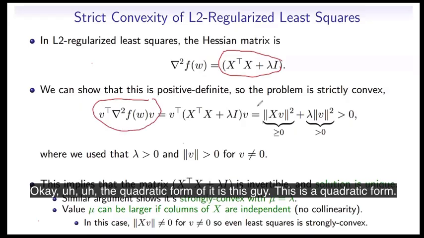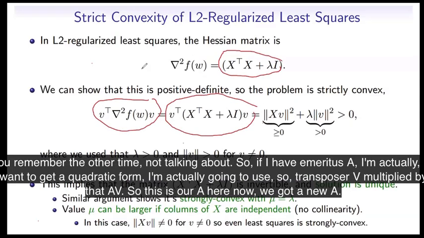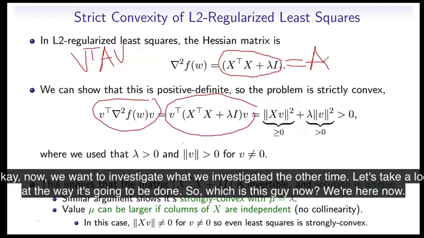This is a quadratic form. You remember the other time when I was talking about if I have a matrix A, to get a quadratic form, I'm going to use the transpose of v multiplied by A, v. So this is our A here now. We got a new A. Now we want to investigate what we investigated the other time.